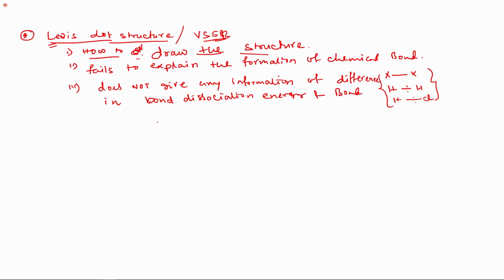These two theories didn't give any information about the bond length and the bond dissociation energy. What is the link between the bond dissociation energy and the bond length? So these are the failures, the limitations of the two theories, the Lewis dot structure and the VSEPR theory.